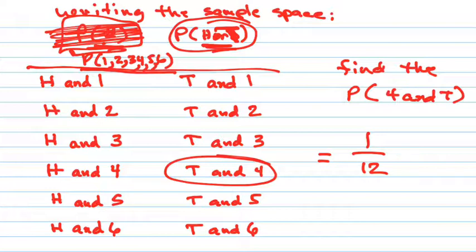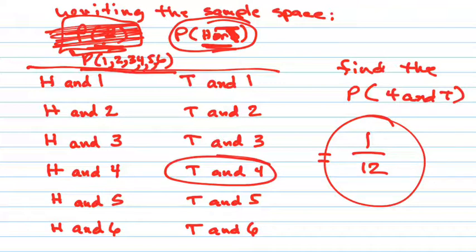Okay, guys. So do you see that you can get this from the sample space? Now, what did we do when we did just the math to get this? What probability did we get? 1 out of 12, when we multiplied them together, right?